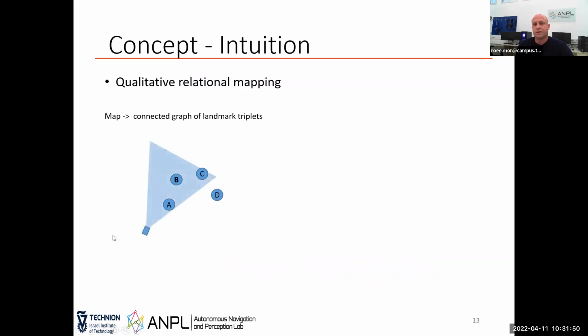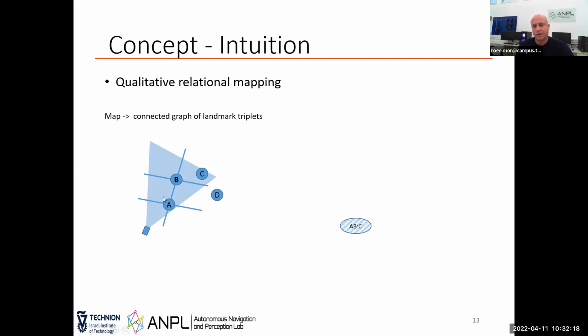So how does mapping look in this framework? The way we do mapping is we just take landmark triplets. Each time we see 3 landmarks together, we make a frame of reference from 2 of them, and then we try to infer which specific qualitative state the 3rd landmark is in.